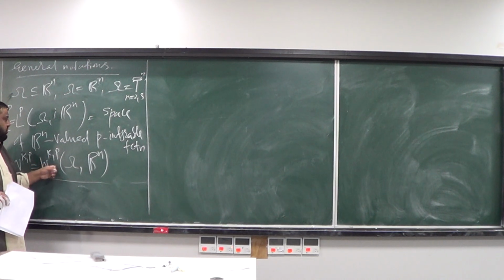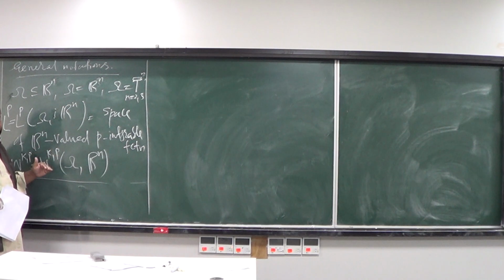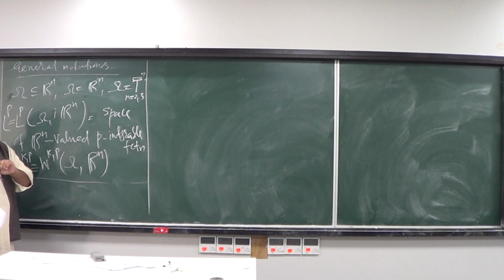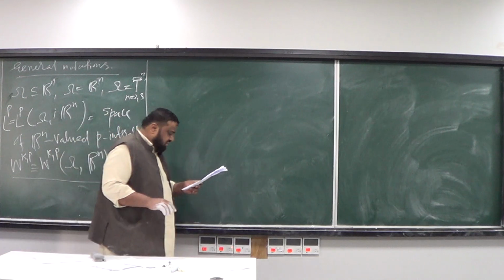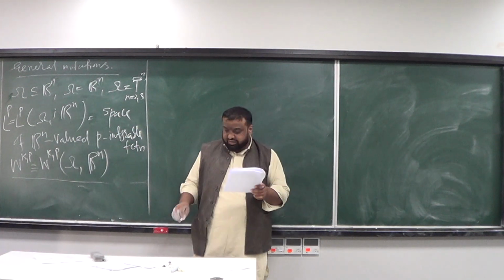In other words, u and the derivatives of u with respect to x1, x2, x3, all kinds of partial weak derivatives up to the order k, are p integrable. We know all this, so I'm just showing this directly.